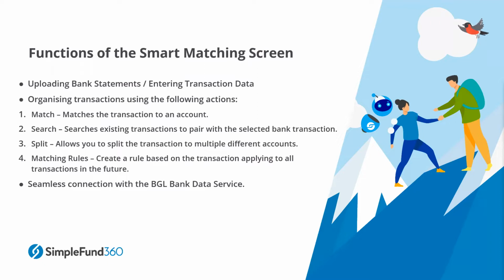The general idea is that you can upload bank statements or enter transaction data, and then you can use one of the functions in the smart matching screen to post it to the correct accounts. As you can see, we have the option to match, search, split, or create matching rules related to that. And as I mentioned, it does seamlessly connect with BGL's bank data service, and I'll explain that once we get into Simple Fund 360. So let's jump over right now.